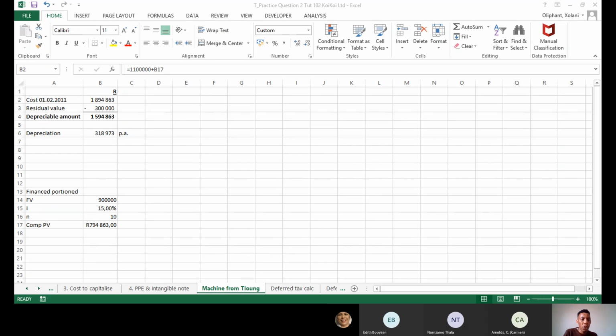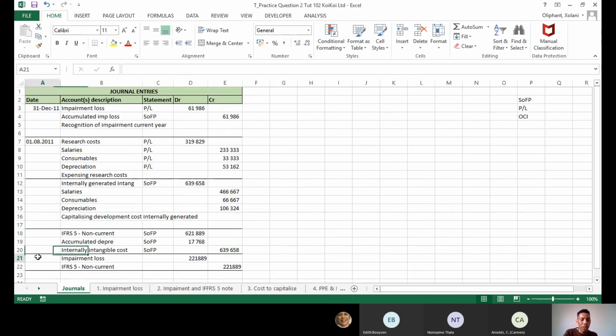What we also need not to forget is the dates on our journal entries, because I think I've completely missed that here. The dates are very important. So here it would have been the 31st of December, and here would have been the 1st of August.